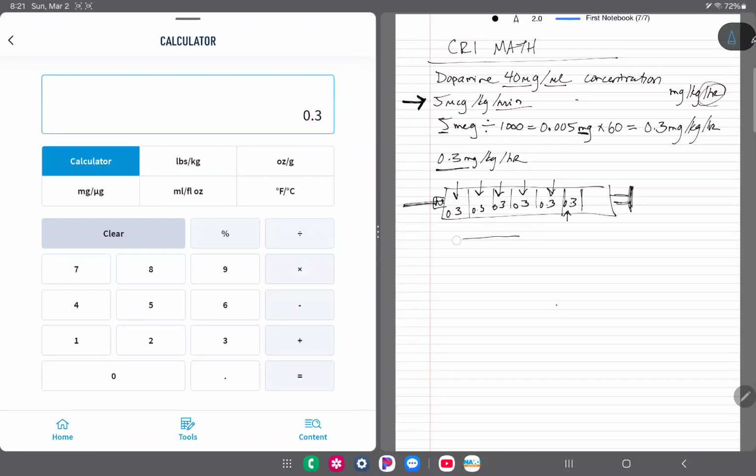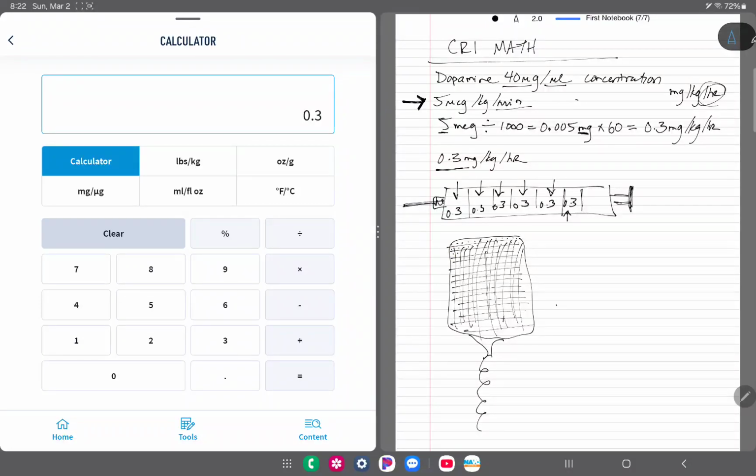The same thing works for a bag of saline. That's going to have our line set up with it. Let's say we picked a 250 mil bag of saline, and then we break up this entire bag of saline into 1 mil pieces, and each 1 mil of the 250 has 0.3 mg of dopamine in each and every one of these mils.